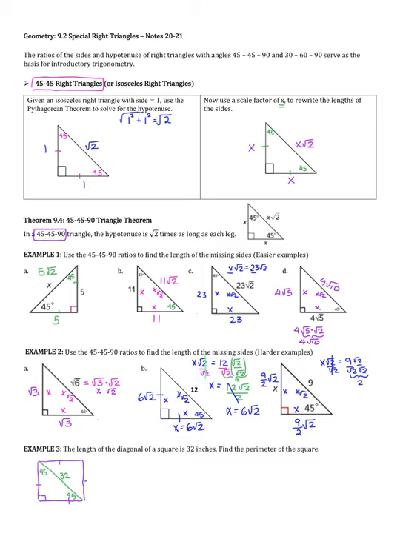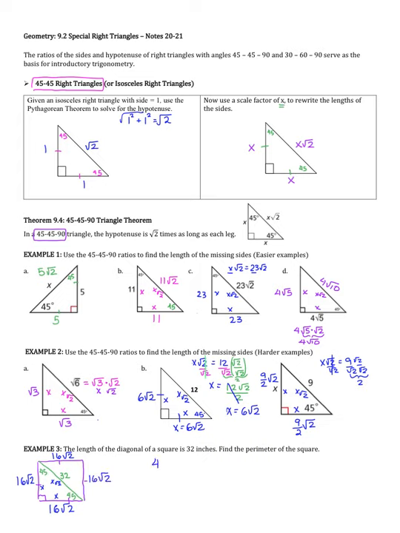Well, we can use that little trick we just did. We have an integer on the side that would be the rad 2 side, remember, because this is x, x, x rad 2. So if I take half of that, half of 32 is 16 rad 2, and that would go the same for all 4 sides, since in a square they're all the same.